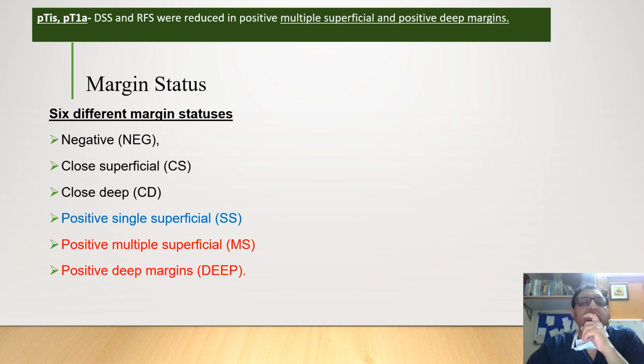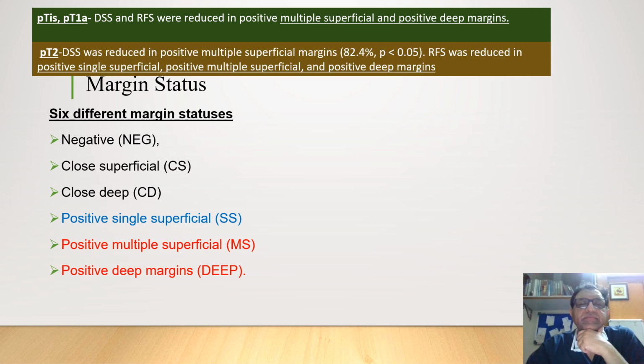Disease-specific or recurrence-free survival were reduced in positive multiple superficial margin, and especially in positive deep margin cases. Disease-specific survival was reduced in positive multiple superficial margin, and recurrence-free survival was reduced in positive single superficial, positive multiple superficial, and positive deep margin.